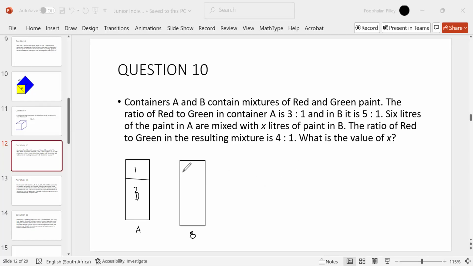And in B, it's 5:1. Okay. All right, so far so good. Now, this is 6 liters of paint A. Now, this mixture here, you've got 6 liters of that.